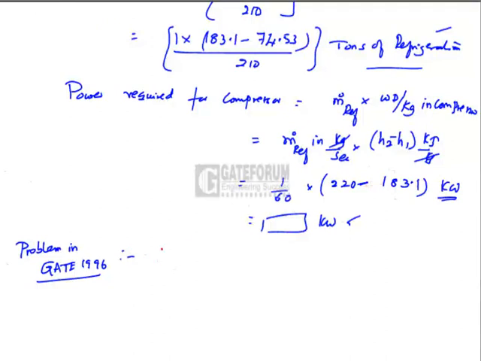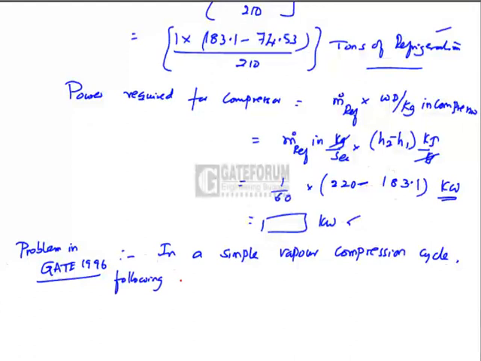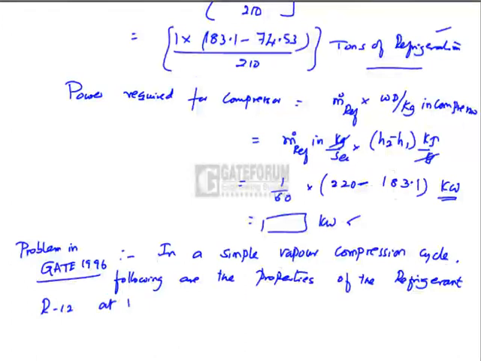In a simple vapor compression cycle, following are the properties of the refrigerant R12 at various points.